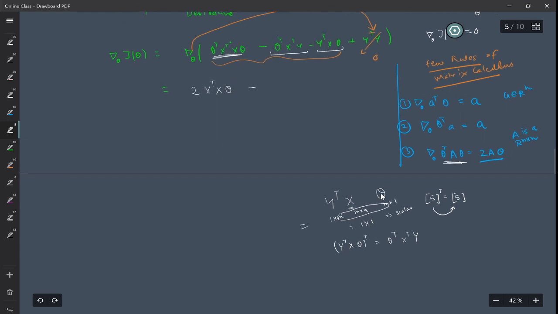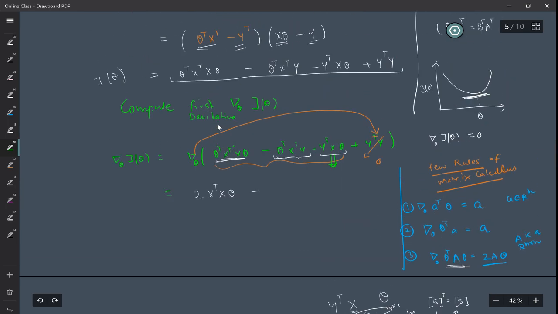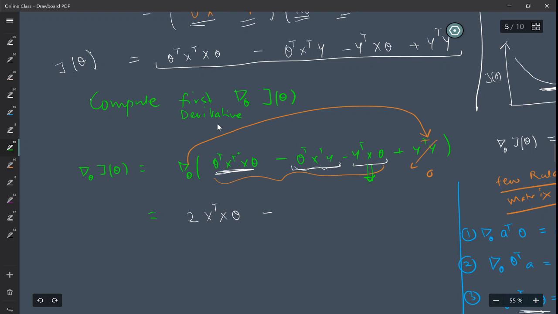So clearly you can see that this term and this term are now same, right? So instead of writing this term as y transpose x theta, I'm going to say these two terms are now same. So this becomes minus delta theta derivative of theta transpose x transpose y plus theta transpose x transpose y, right?